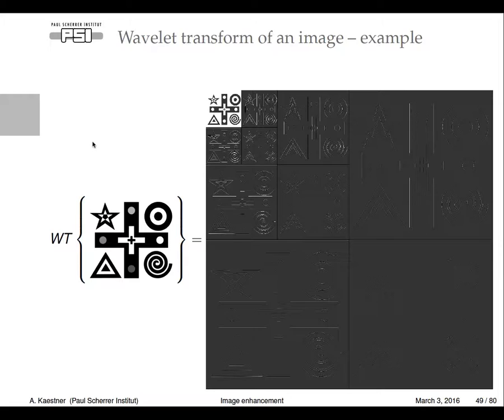So looking at a real image, or, well, a constructed image in this case, but anyway, an image, what does the wavelet transform look like of that? I have now put all the steps together, so these detail parts, you can see here, you can only see the horizontal information. Here you can only see the vertical information, and here, well, faintly, you can see the diagonal information.